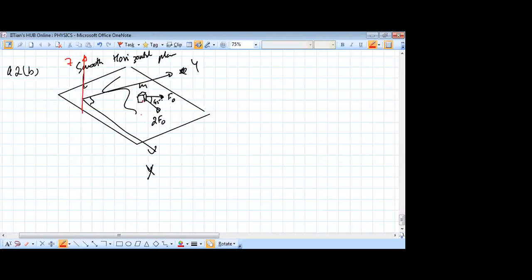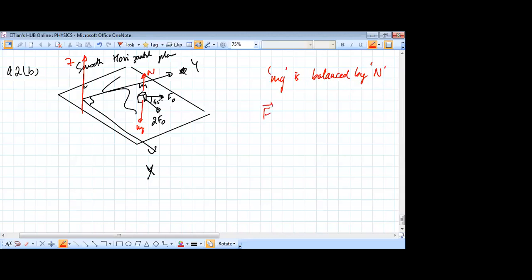So in this, mg and normal reaction are balancing each other. So weight is balanced by normal reaction. So now what is happening?